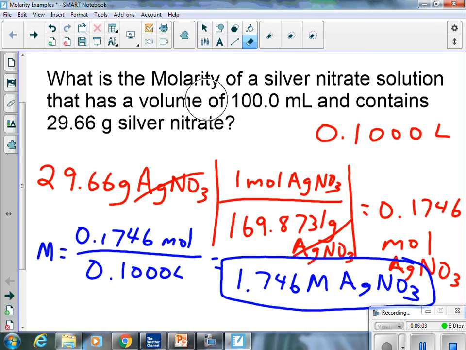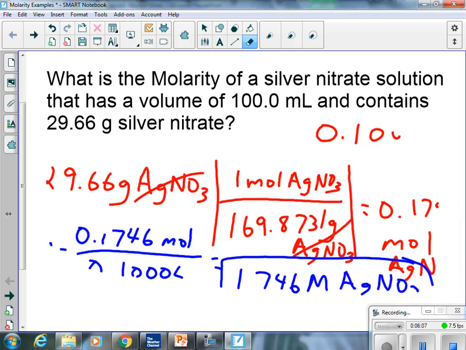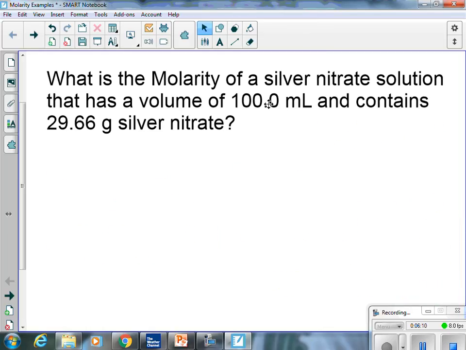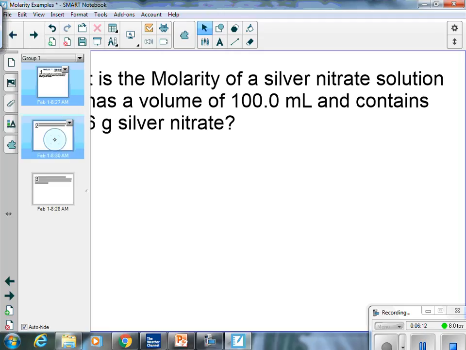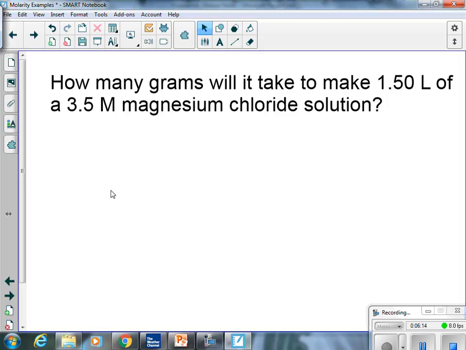Now, my next example. Copy it down. Now this example is kind of working backwards from what I just did.